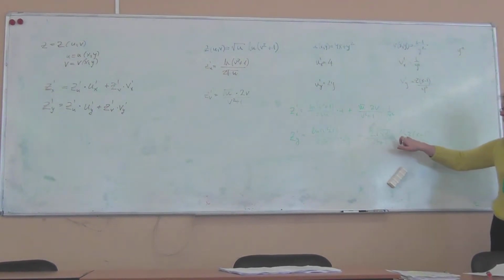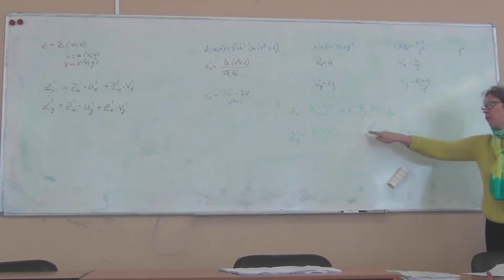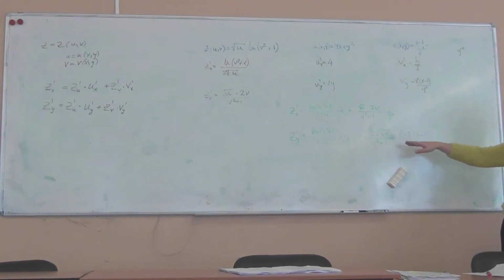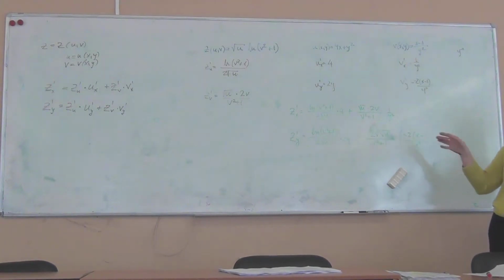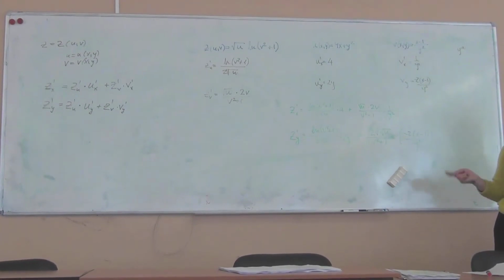So, yes, of course, we might write minus 4v square root of u, x minus 1, and so on. We can bring things to a common denominator, if you like, or to 2 common denominators consisting of 2 parts. So the thing to remember is that we need 6 partial derivatives, which are all relatively simple.